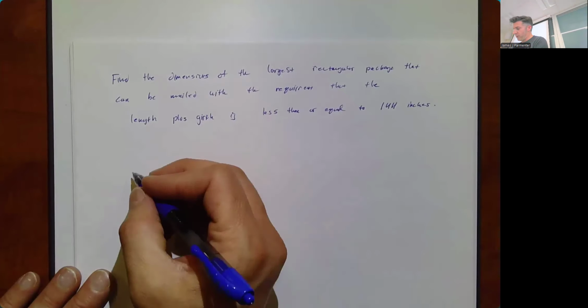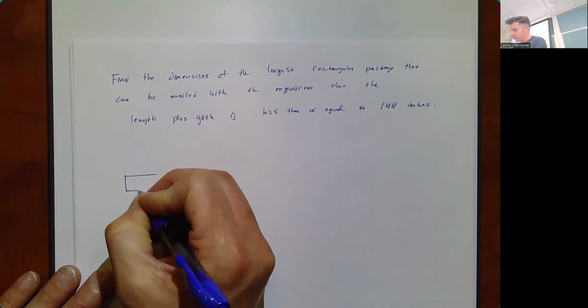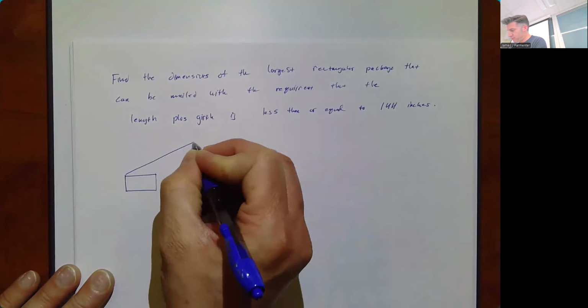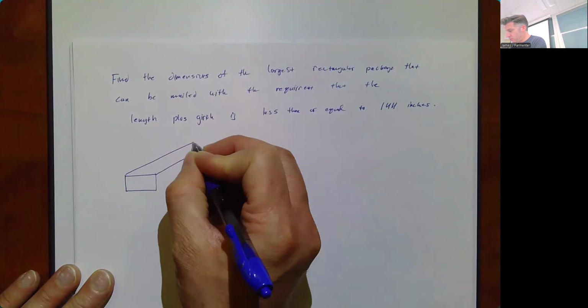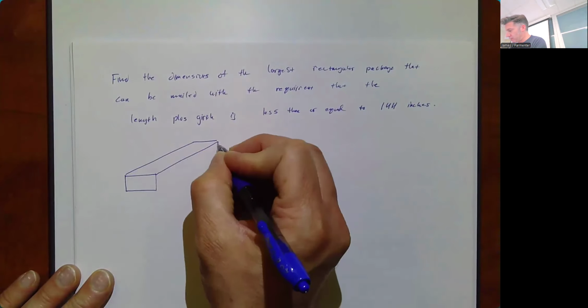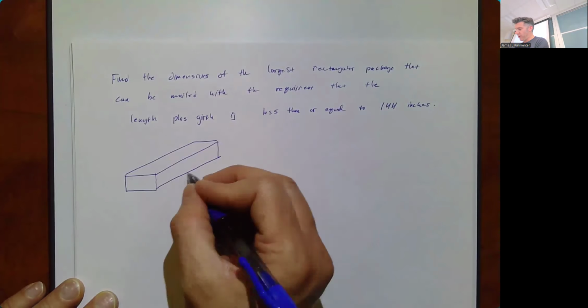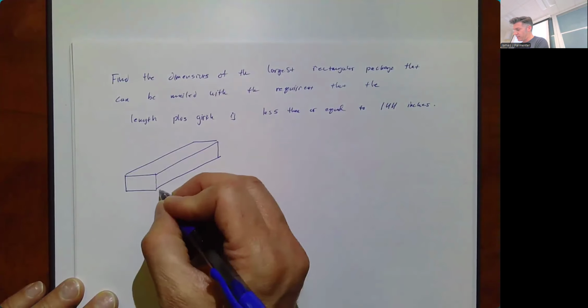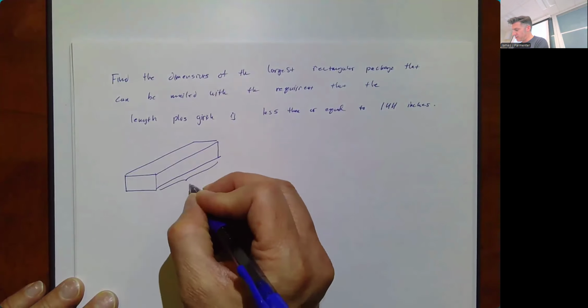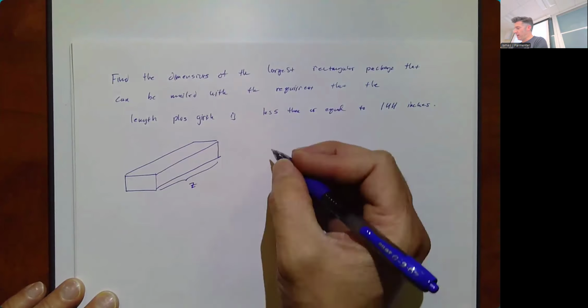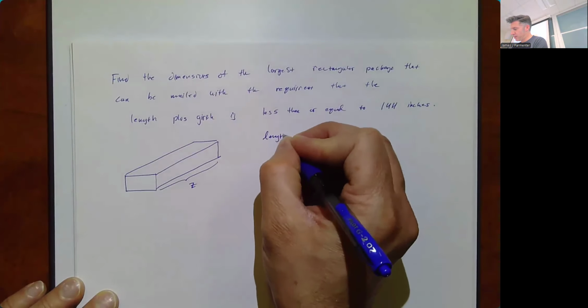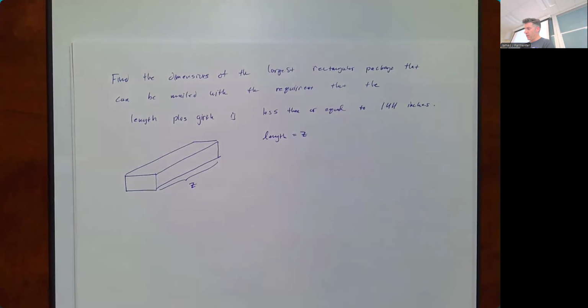So if we draw a picture of our box, I'm always imagining the length as the longest dimension. So I'm thinking of this part here as the length. Let's call this Z. So our length is Z, and the girth is the around measurement in the other direction.